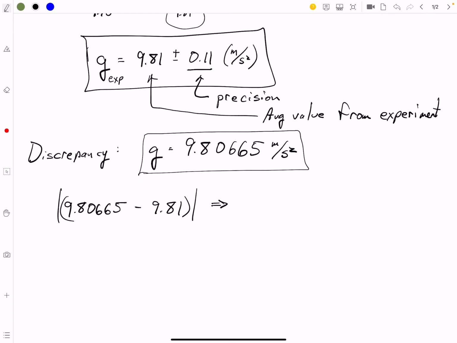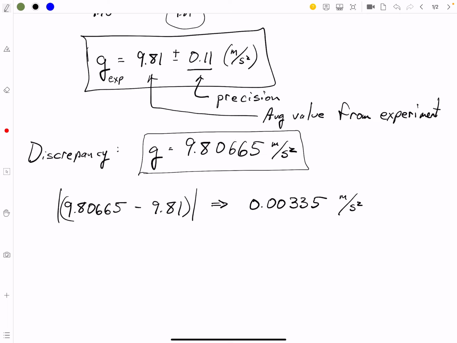What is our discrepancy here? 9.80665, I'm going to subtract off 9.81, and the absolute value of that is 0.00335. So that's our discrepancy, and of course we want to keep the units, meters per second squared.